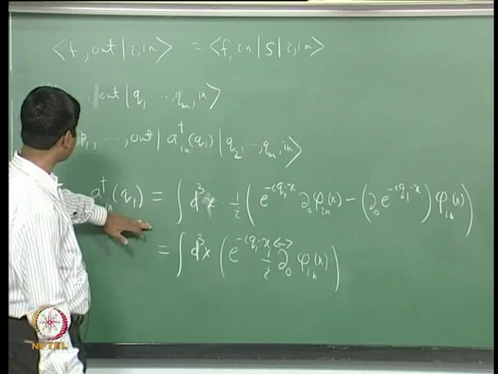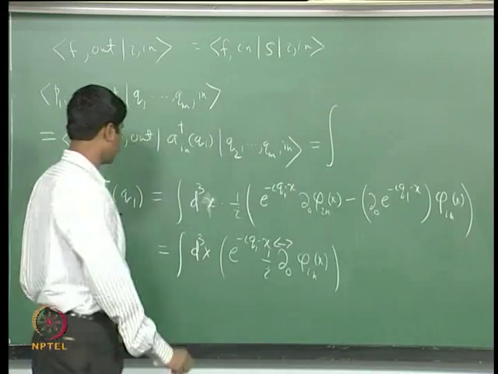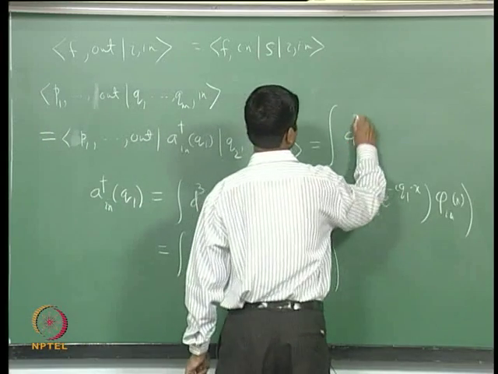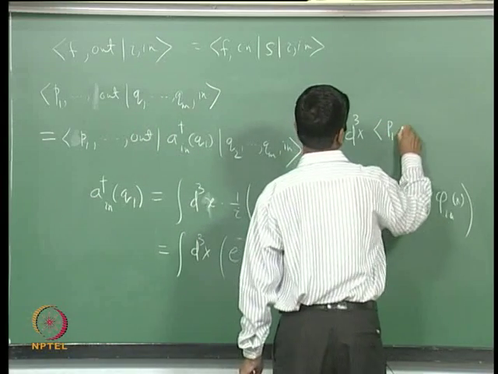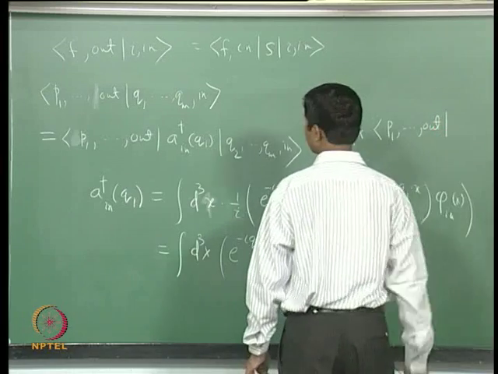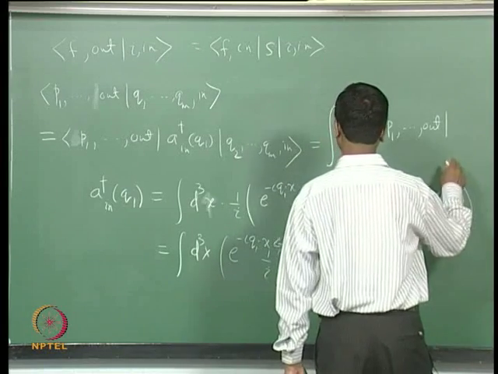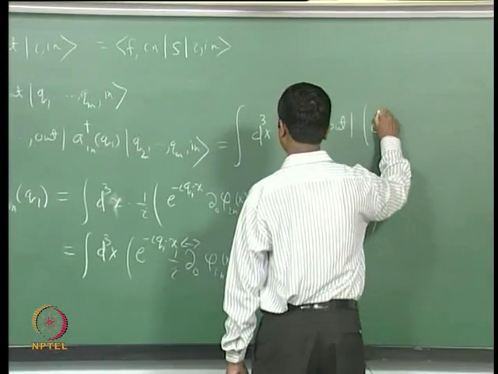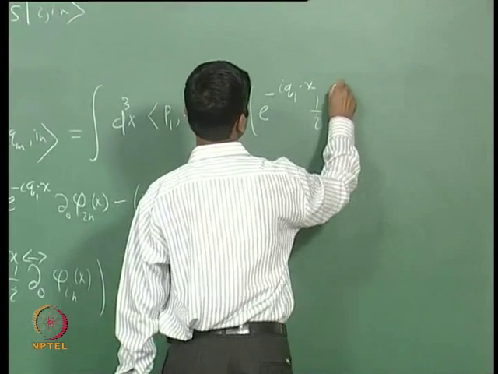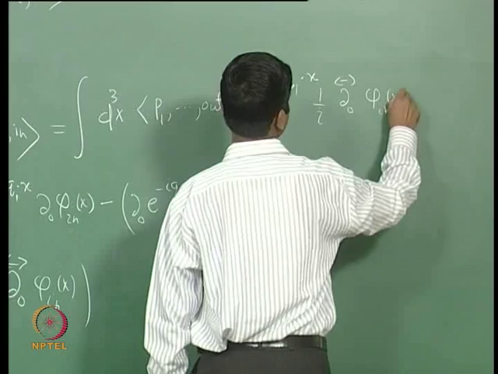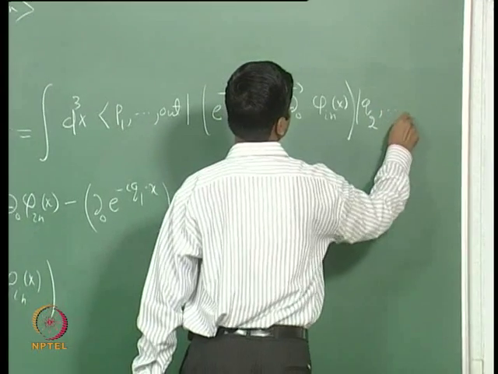So, I will use this, and then what I get here is integration d cube x, p1, e to the power minus i q1 dot x 1 over i del 0 phi in of x, and then q2, up to phi out.